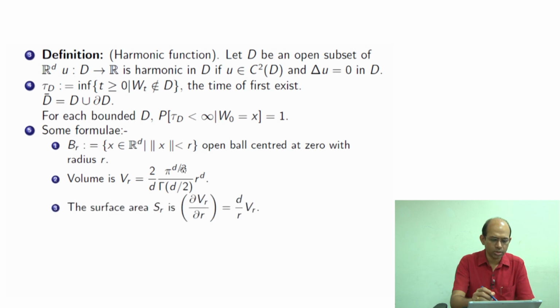So, next we go to the surface area S_r. The surface area S_r is obtained by taking the partial derivative of V with respect to r, correct, because that is how you get it. You integrate the surface area with respect to r and you get the total volume, or in other words, to get S_r you take the partial derivative of V with respect to r.